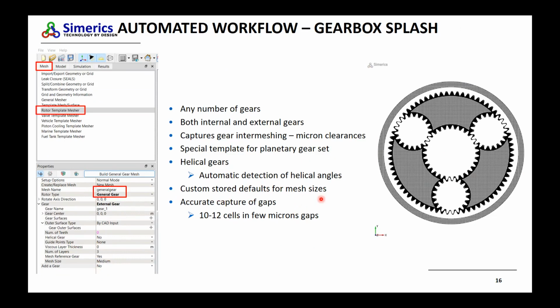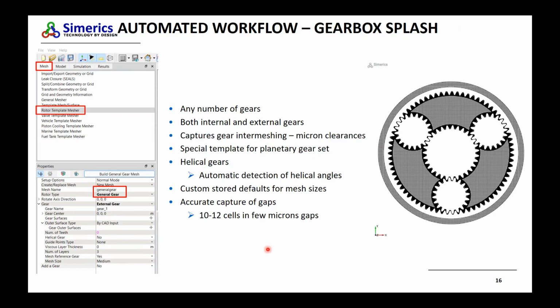So let's say you have a gearbox and you have frozen the set of best practices that you need in terms of mesh size. We can just put that as the default and customize it so that you don't need to keep redoing this best practice every single time. And we also capture this gap quite accurately. We can have 10 to 12 cells in that small clearance of 10 microns.